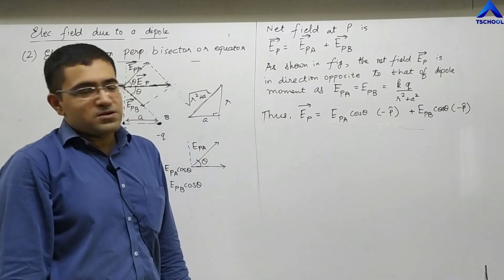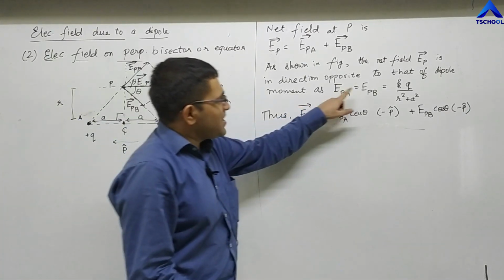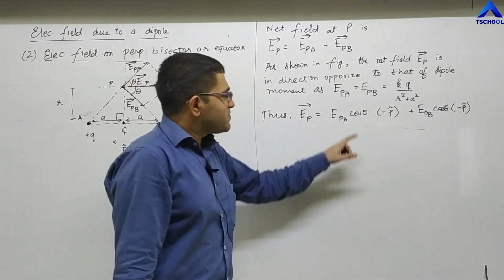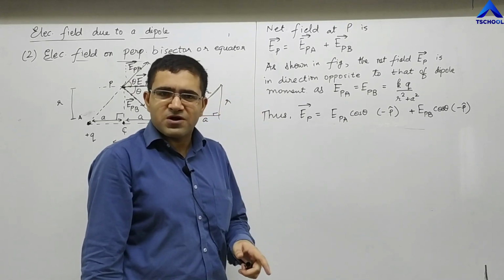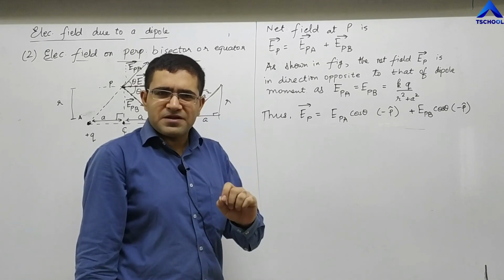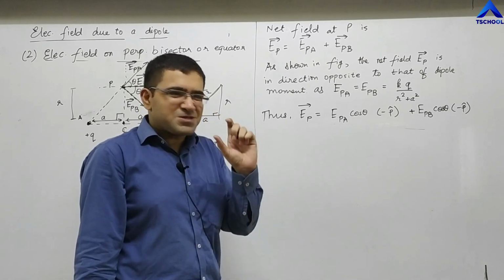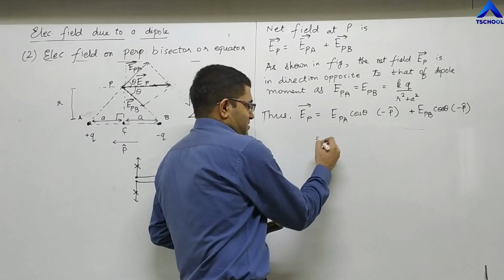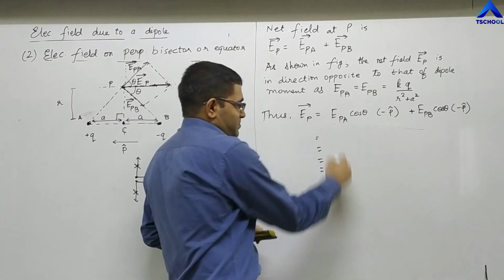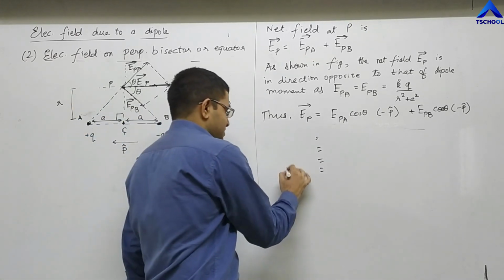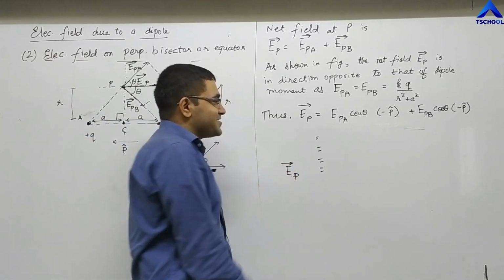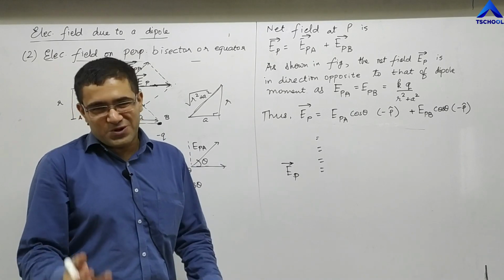Okay. And now, we know EPA is EPB. We can find cos theta. Okay. Or you can't. I hope you can. I'm going to leave these steps for you. There are some steps. Right? And I'm going to write the final answer immediately over here. I'm leaving the steps for you.